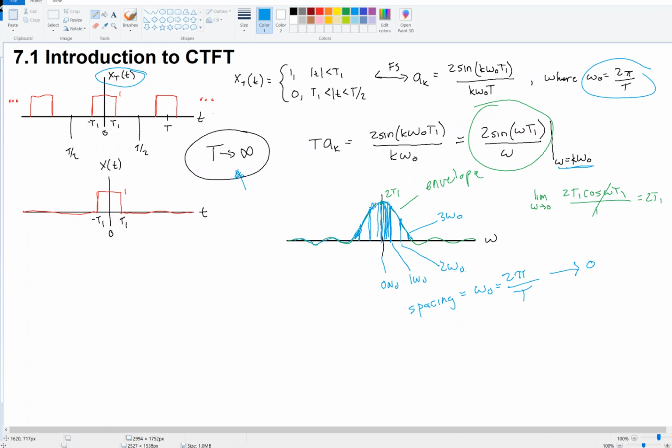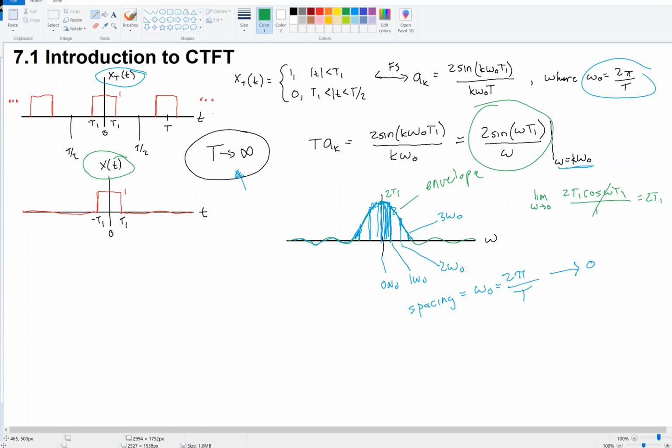We start to sample it everywhere in a continuum. Therefore, it's this continuum that I've circled in green that is telling us the frequency content of this signal.